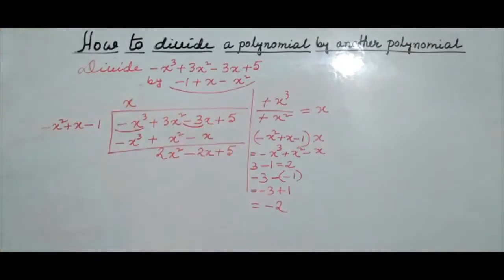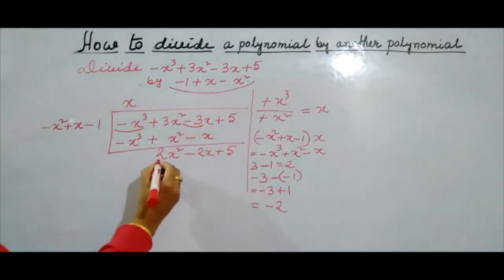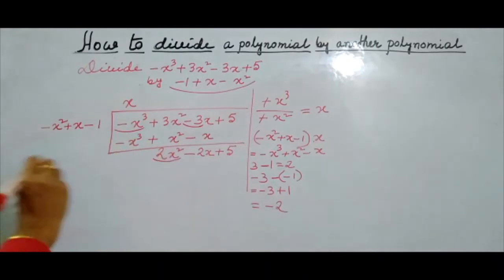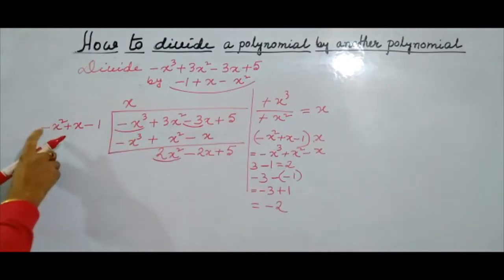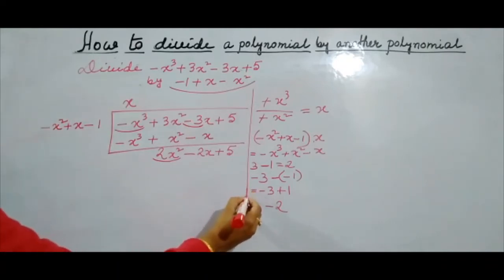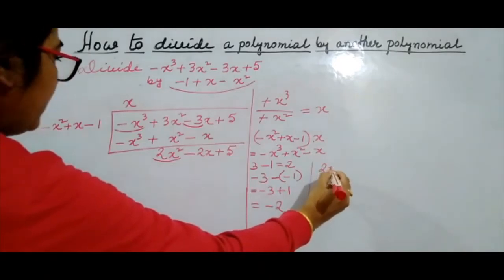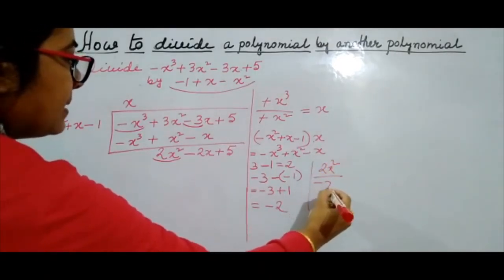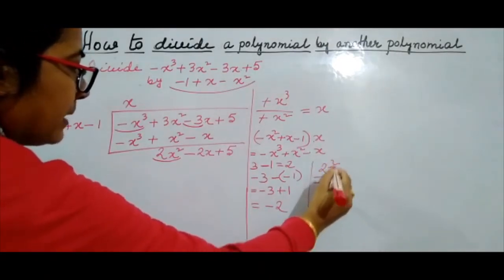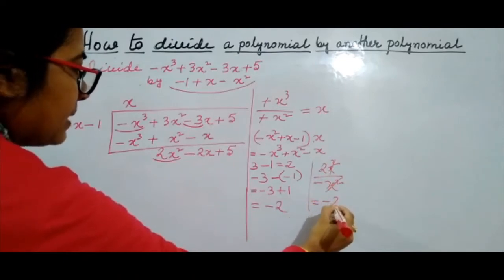Okay, now in this polynomial the first term is 2x square, so to get 2x square we have to multiply minus x square by what? We have to find out. Now 2x square you divide by minus x square. Now x square cancel, answer is minus 2.